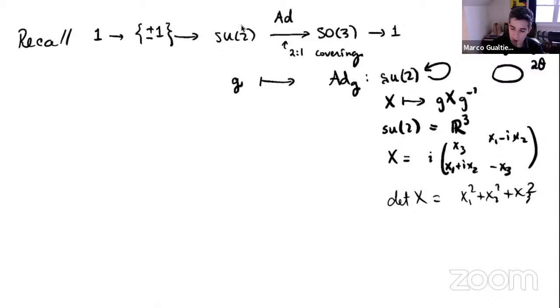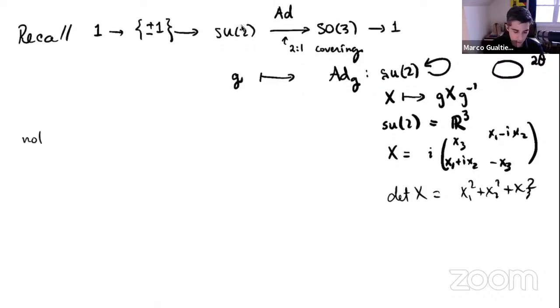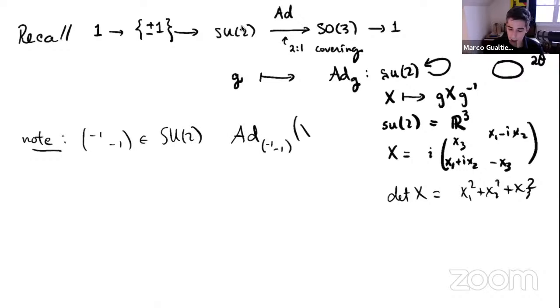But the interesting thing is what happens with -1, which is inside SU2. If we take the adjoint action of minus the identity on X, that's just conjugating by -1, and that does nothing.